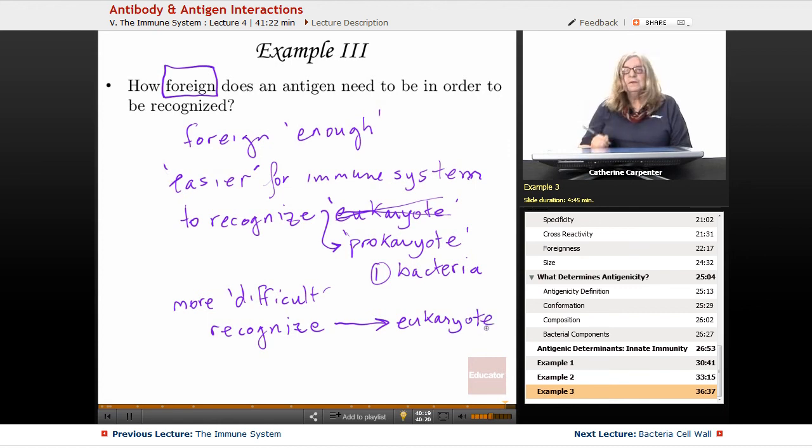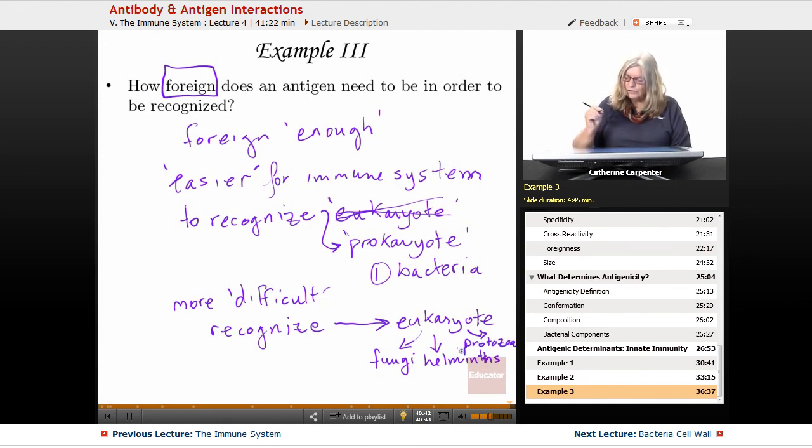What are some eukaryotes that the immune system has difficulty recognizing? Fungi, helminths, and the third kind is the protozoa.